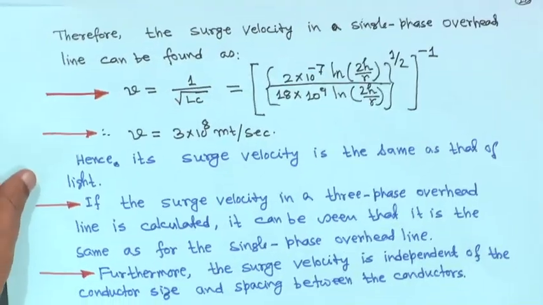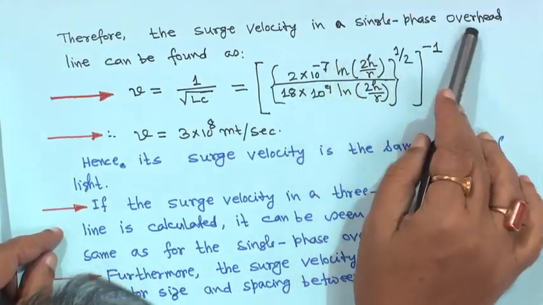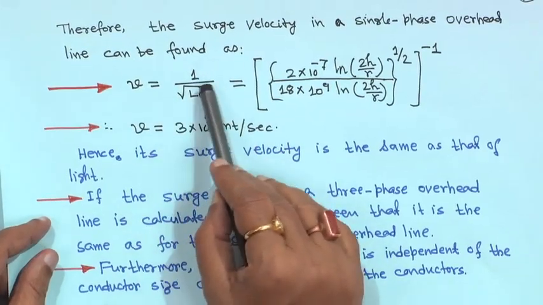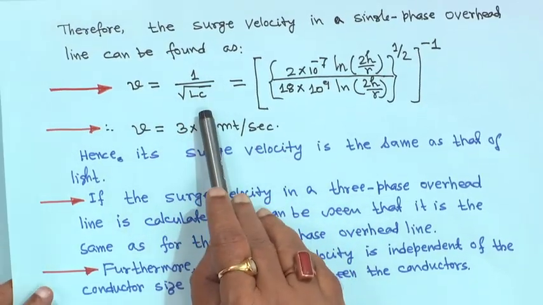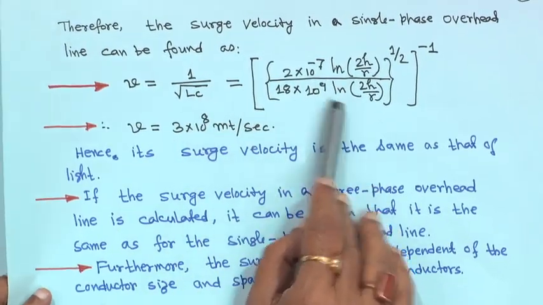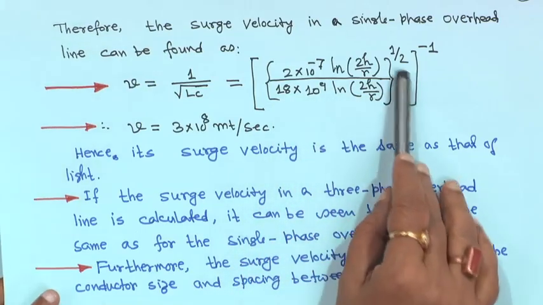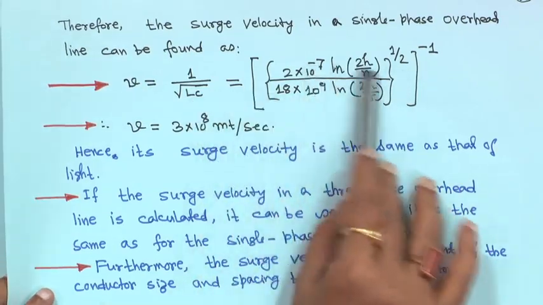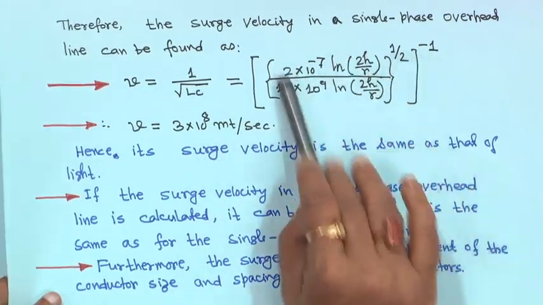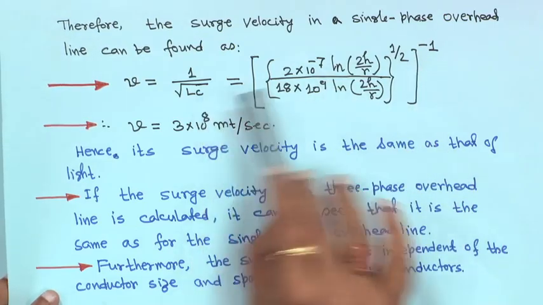Therefore, the surge velocity in a single phase overhead line is V is equal to 1 upon root over LC. So, substitute those L and C values; everything I have taken to the power half, then overall to the power minus 1, because it is reciprocal, right.